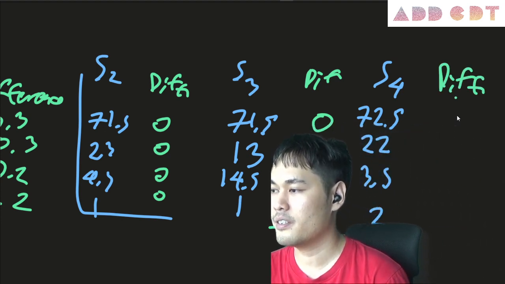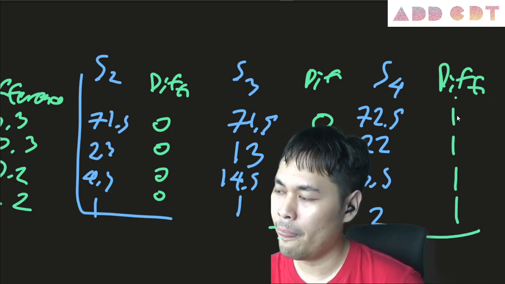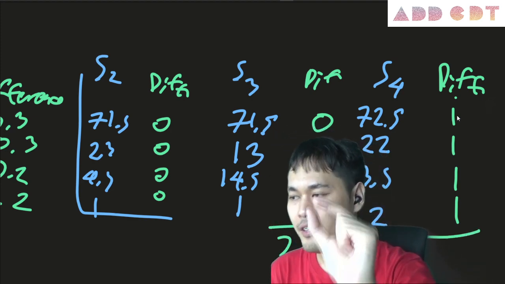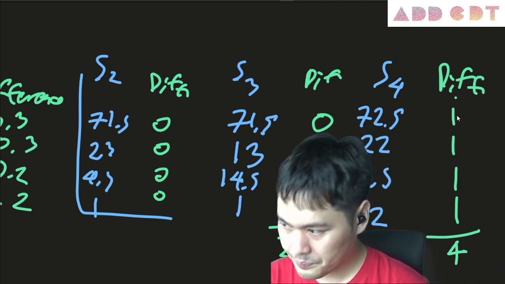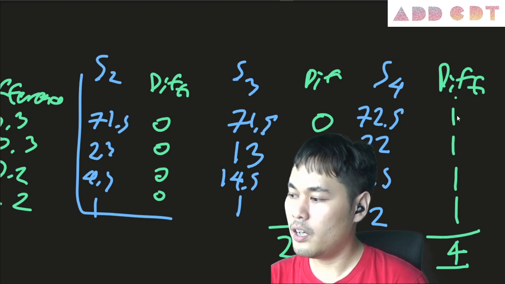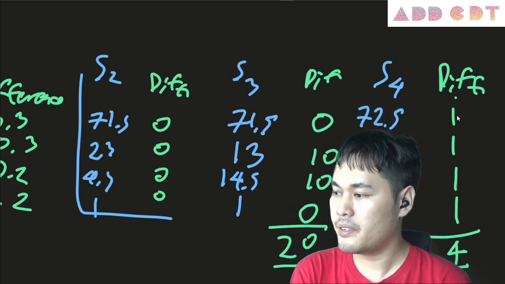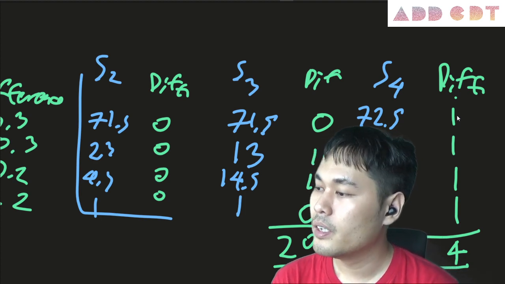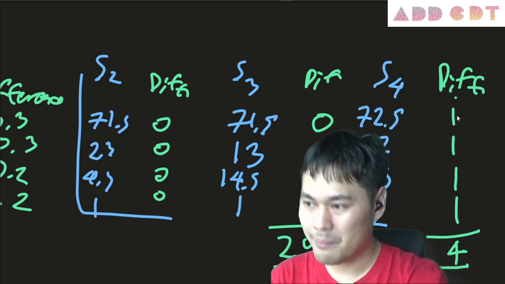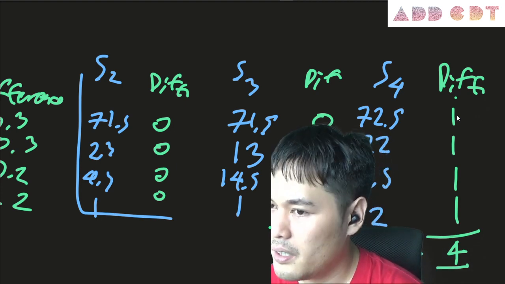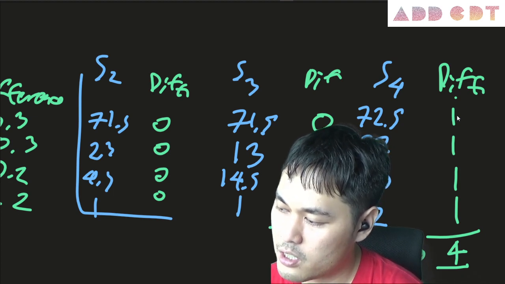In this case, the difference is 1, 1, 1, and 1. So it seems like we have small differences in each case, but the total of differences adds up to something that is kind of high. So again, in this case, we might want to say that it differs too much.